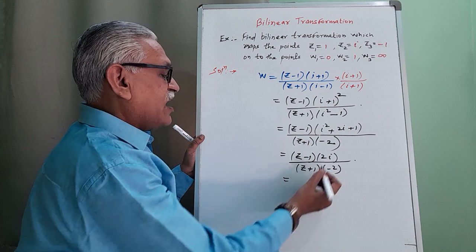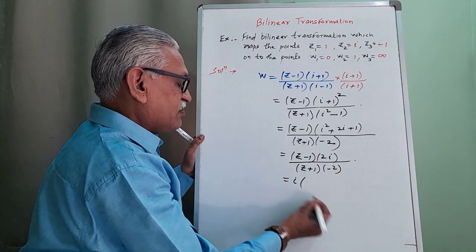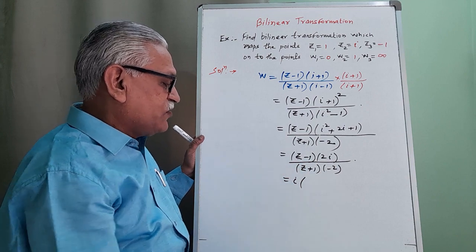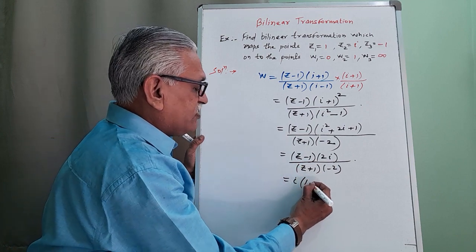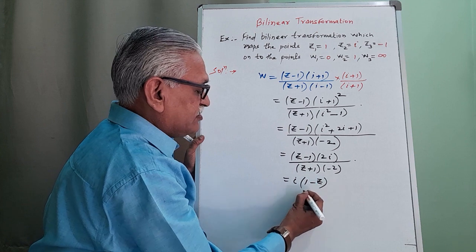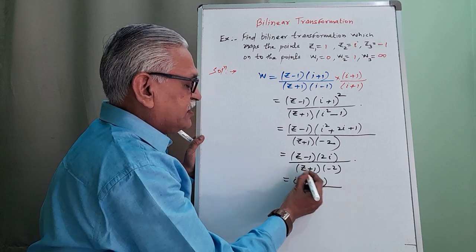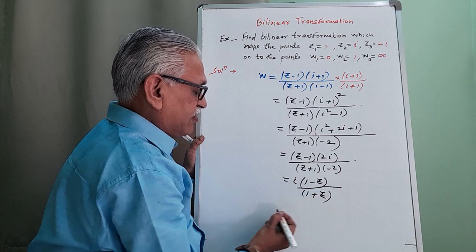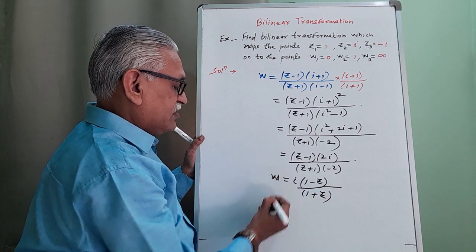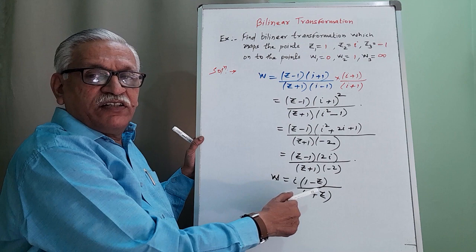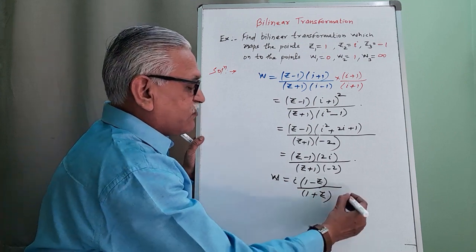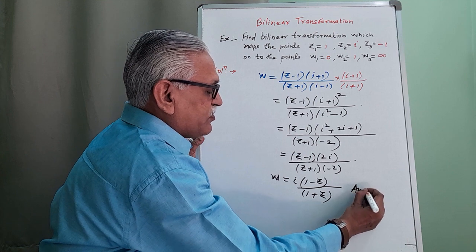We get i into, multiplying by minus inside the numerator term, 1 minus z, divided by z plus 1, nothing but 1 plus z. Therefore, w equals i into 1 minus z divided by 1 plus z, as the required bilinear transformation.